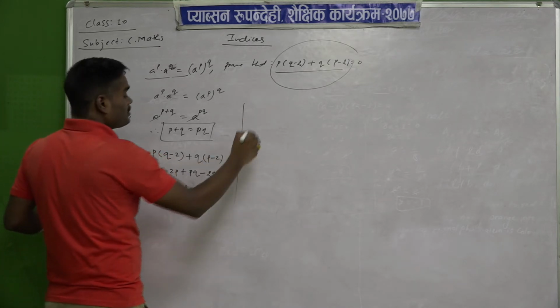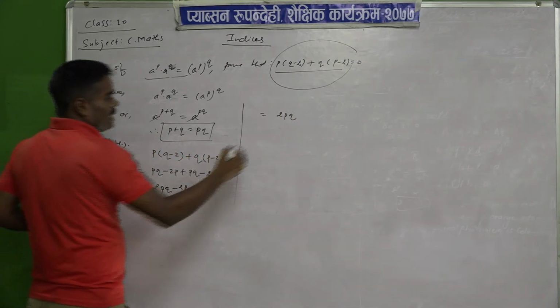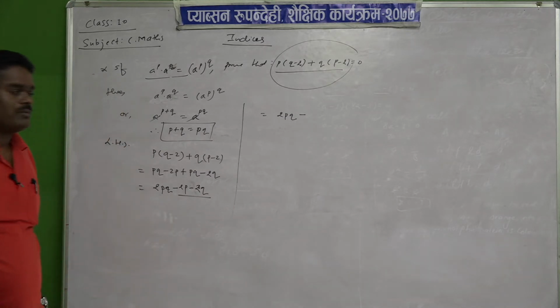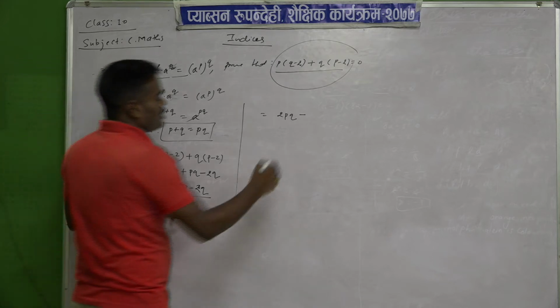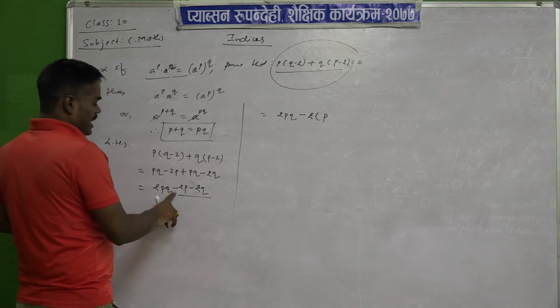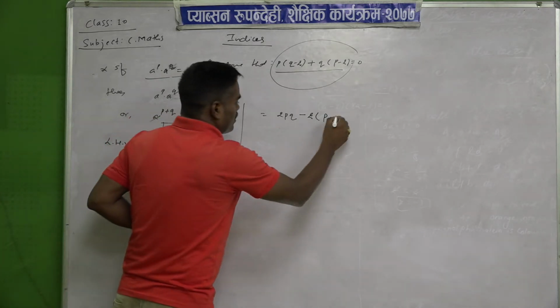So 2pq here, and you are watching in between these 2 terms, what is common? 2 is common. So minus 2 take common. So p minus into minus means plus.